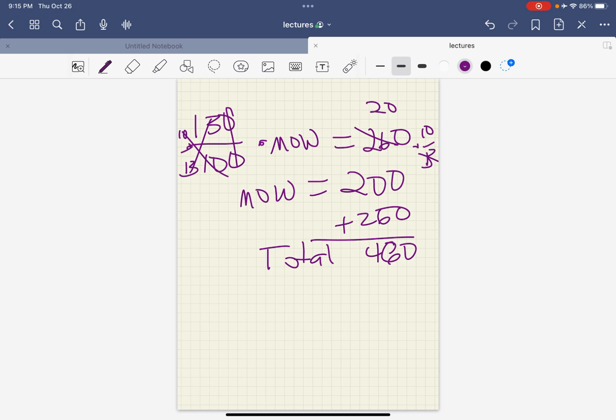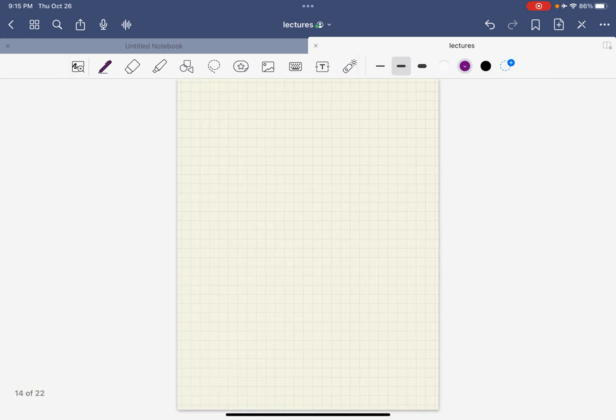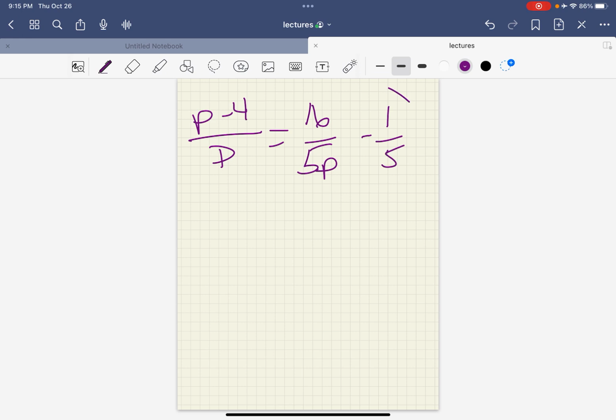Okay, next. P minus 4 over P equals 16 over 5P minus 1/5. So the common denominator is 5P.